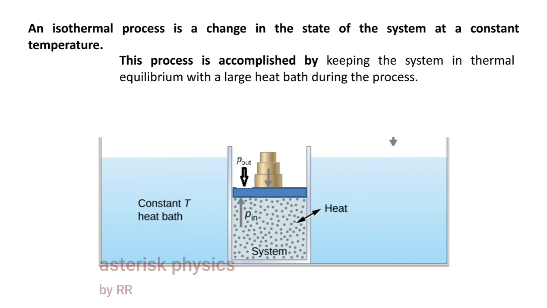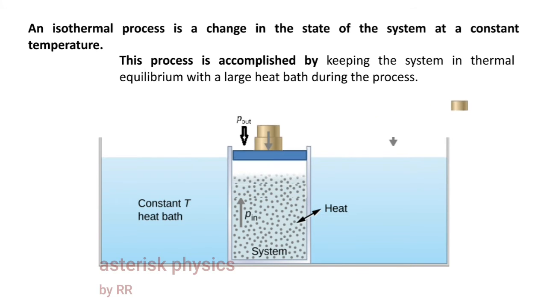Now, as weights on the piston are removed, let us see what happens. If one of the weights is suddenly removed, then you could see that the piston gets accelerated upward and the gas expands. Why? As weights on the piston are removed, an imbalance of forces on the piston develops.